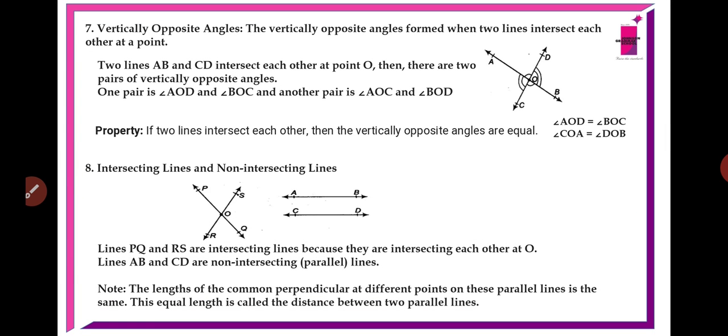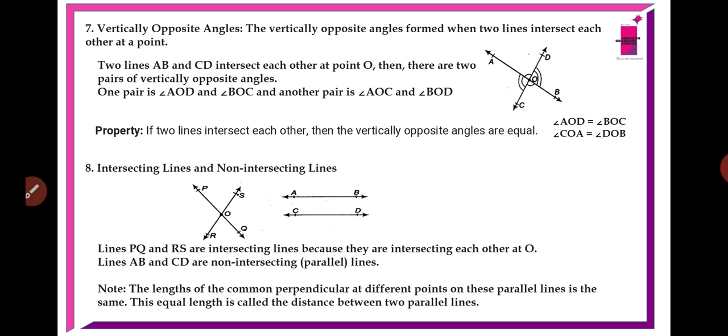Vertically opposite angles are formed when two lines intersect each other at a point. Two lines AB and CD intersect each other at a point O. Then two pairs of vertically opposite angles are formed. One pair is angle AOD and angle BOC, and the other pair is angle AOC and angle BOD.